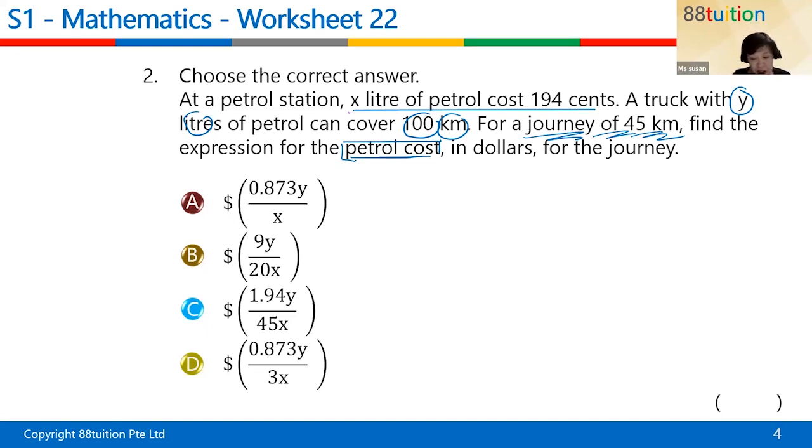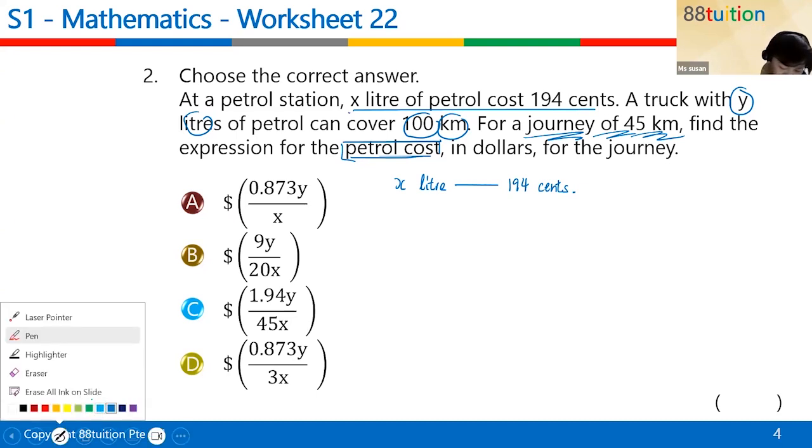journey? Okay, so the only thing that is complete, I should say, is the given dollars cents, which is X liter. Okay, so I write my unit. X liter is 194 cents. A truck with Y liters can cover. So I'm going to have another ratio.